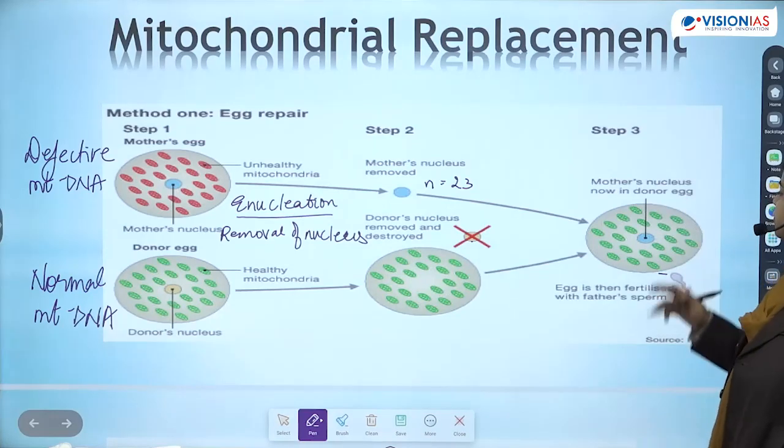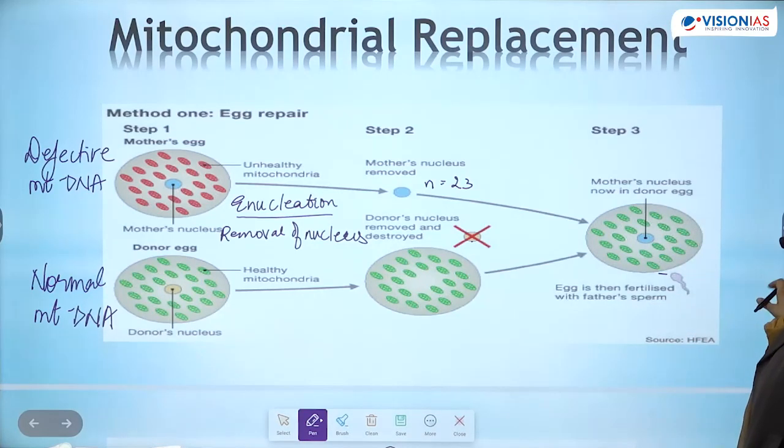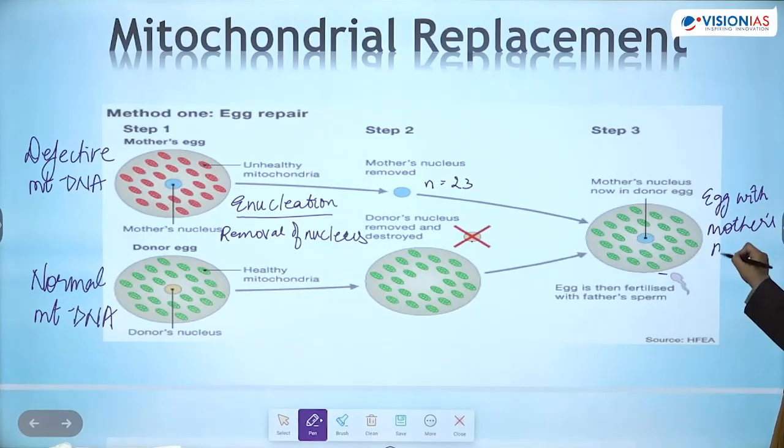So mother's nucleus now in donor's egg, or you can say egg with mother's nucleus and normal mitochondrial DNA.